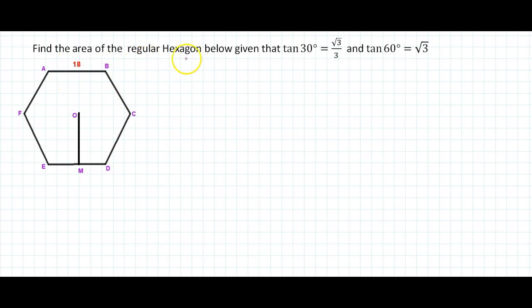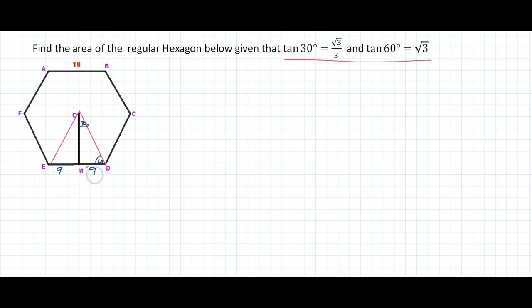And let's do a final example. Find the area of the regular hexagon given that, so you have all of this information. In this case, I'm going to use all of this information that's been provided. So let's go ahead and draw our lines here. Let's draw a line here and draw a line over here. Based on what we discussed earlier, this is going to be 60, this is going to be 30, and this is 9 over here.